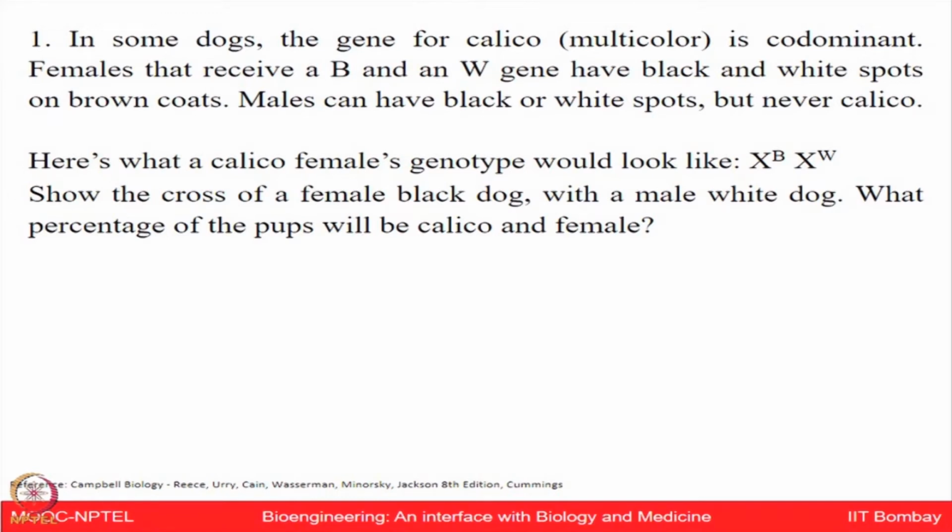Here is what a calico female's genotype would look like: capital X, capital B, capital X, capital W. Show the cross of a female black dog with a male white dog. What percentage of the pups will be calico and female?